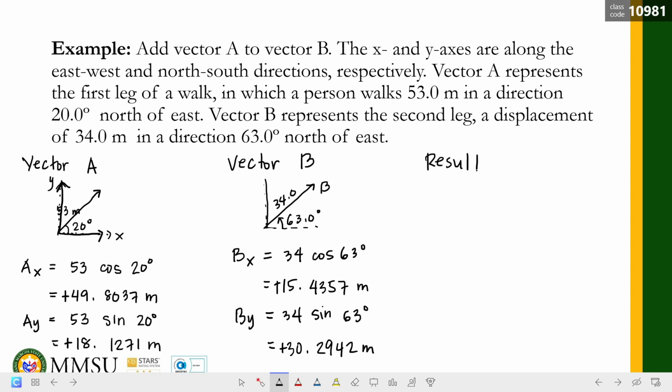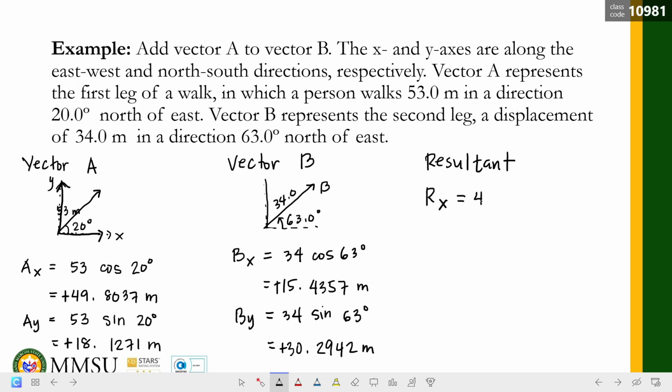Okay? We need that to solve for the resultant. For the resultant, we first need the resultant in the x direction. Let's call it Rx. This resultant in the x direction is the sum of all the x components, so AX and BX.